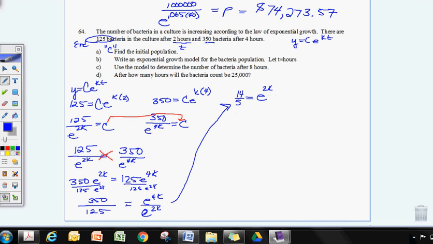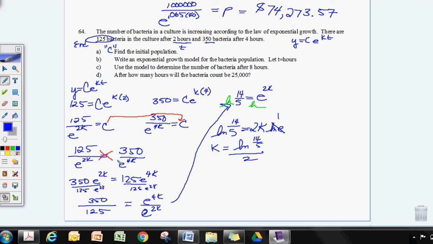I got rid of one of those e's, so now I can introduce a natural log. The natural log of 14 over 5 is going to equal 2k times the natural log of e, which we know is the number 1. My k value turns out to be the natural log of 14 over 5, divided by 2.